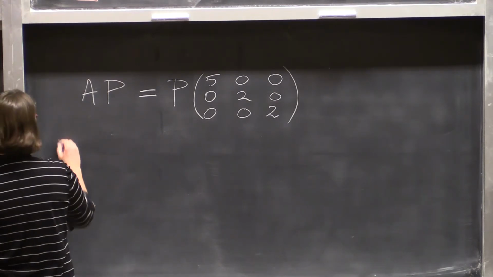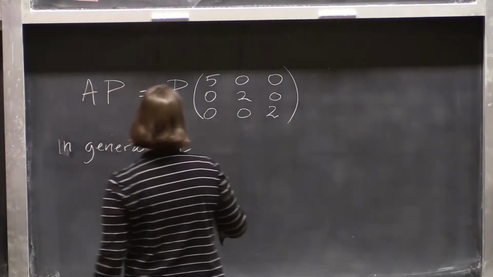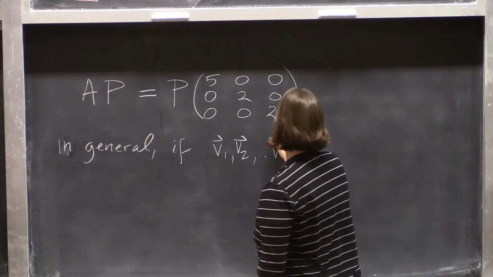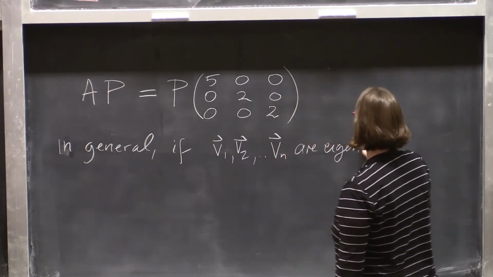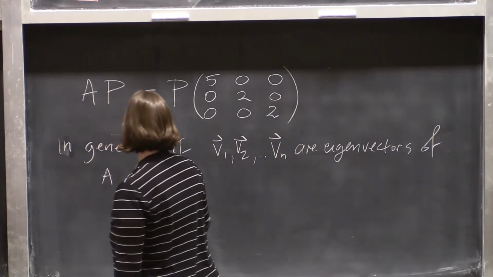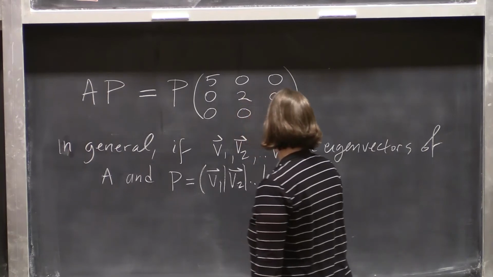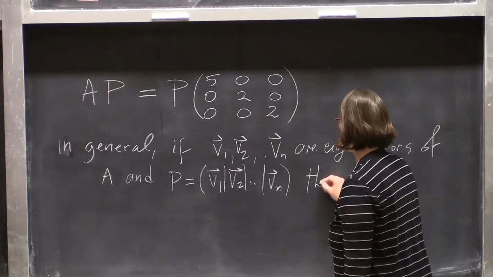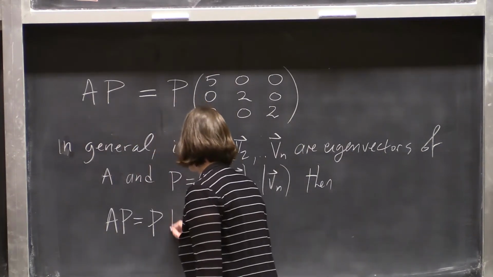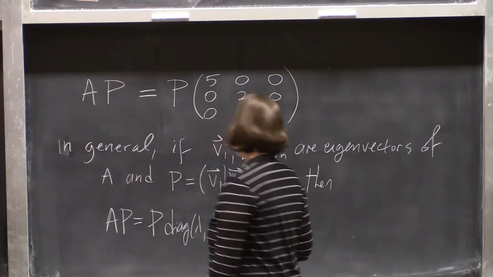The other thing I figured out is, in general, if V1, V2, through Vn are eigenvectors of A, and P is created from them, then A times P is equal to P times the diagonal matrix with the corresponding eigenvalues.